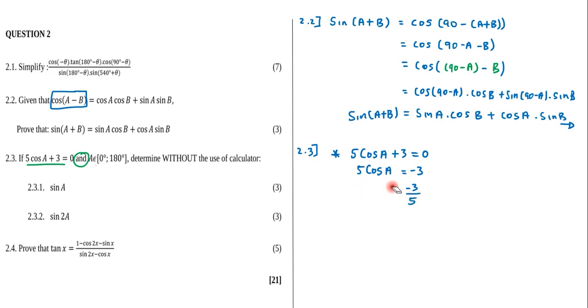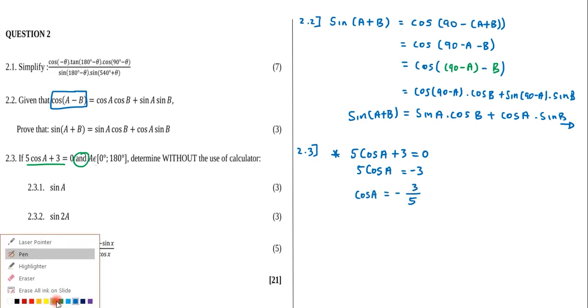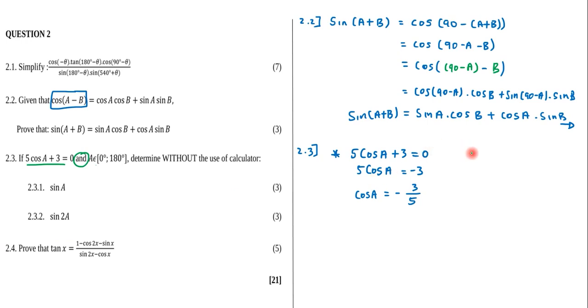Now, what do we then do with this information? So basically here you will then ask yourself, what is the cos ratio? So we know that the ratio of cos is adjacent over hypotenuse, x over r.